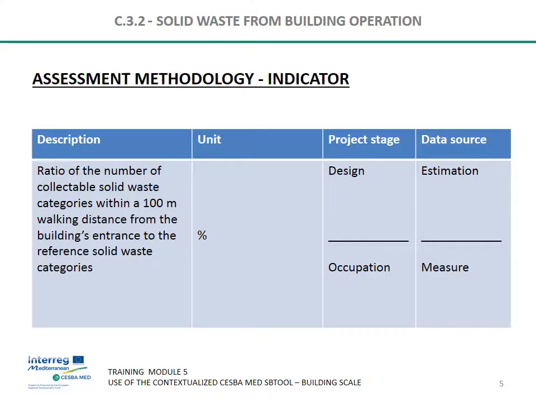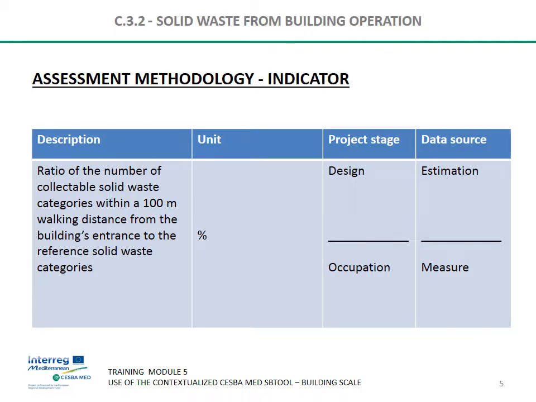This indicator is calculated as the ratio of the number of collectible solid waste categories within 100 meters walking distance from the building's entrance to the reference solid waste categories, and it's expressed as a percentage.